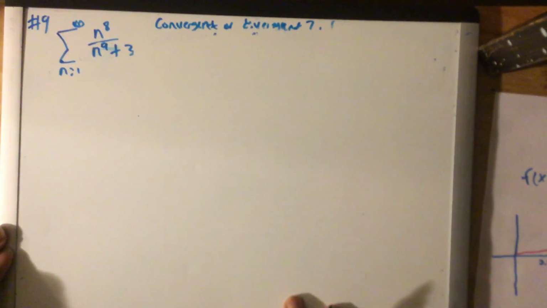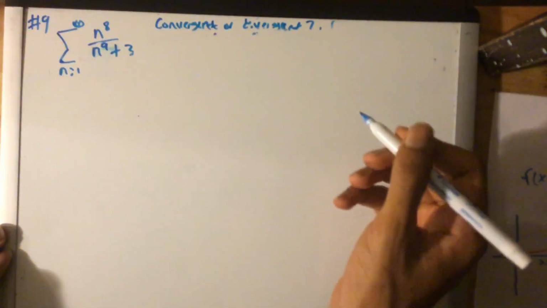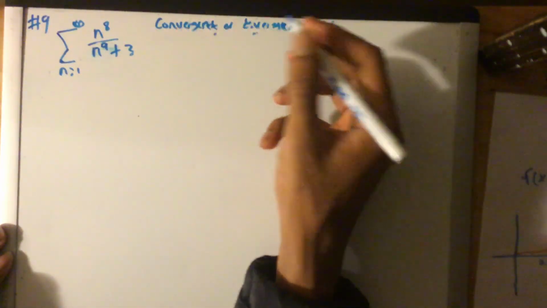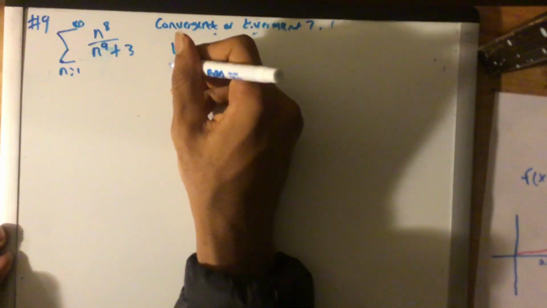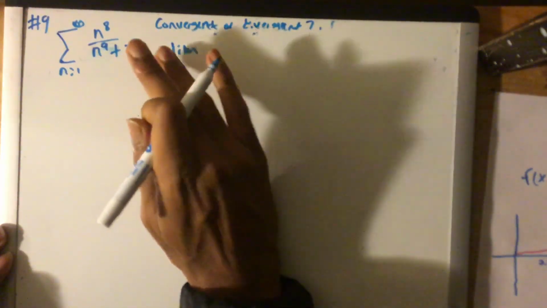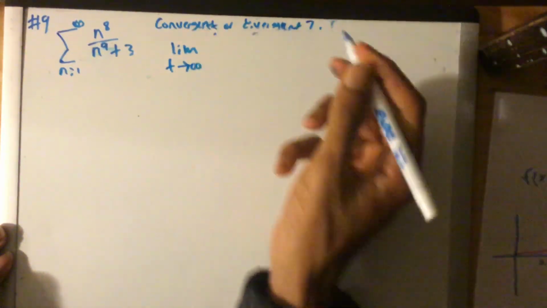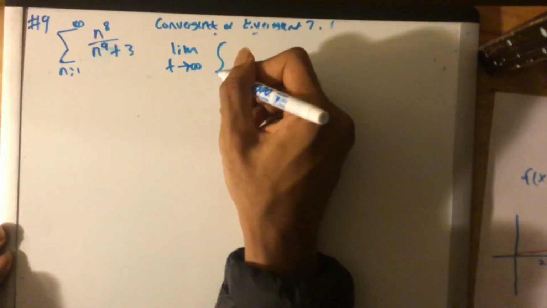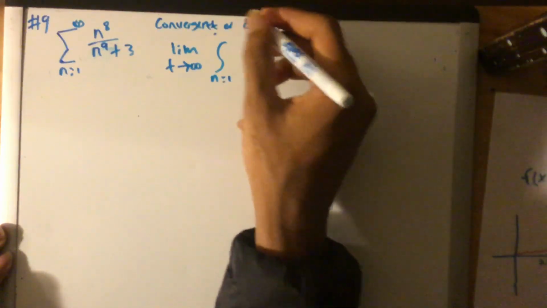Since we can use the integral test, let's set this as an integral of f of x. I need to rewrite this in a limit format. As t approaches infinity, we have n equal to 1.